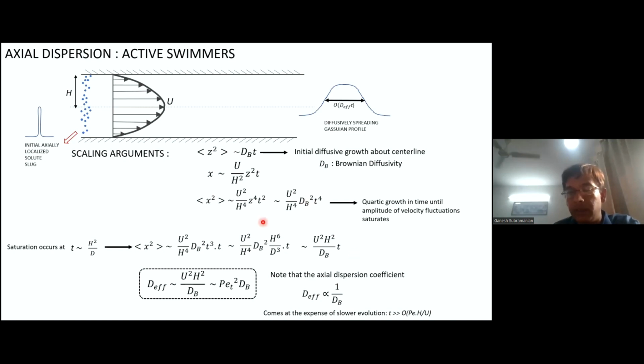You can estimate that diffusive growth just by dividing t power 4 into a t cubed and a t. That t contributes to the diffusive growth, and this t cubed saturates at a time scale of order h squared by D. So if you put that together, you get precisely the axial diffusivity that I've written down here. So that's the answer for the passive case.